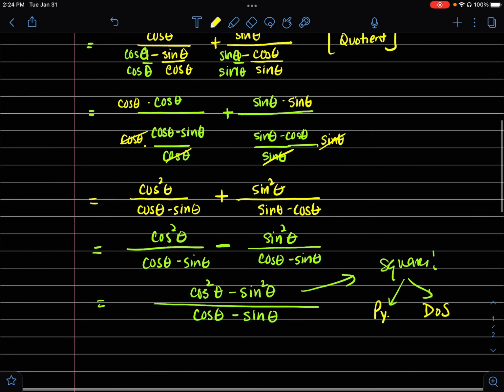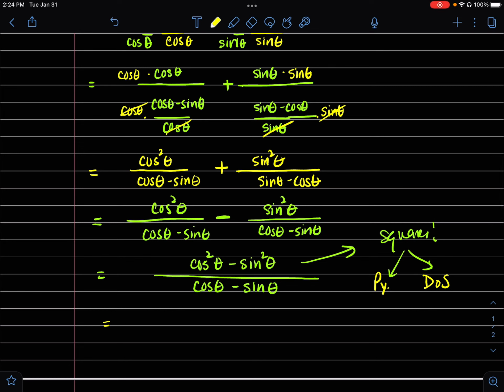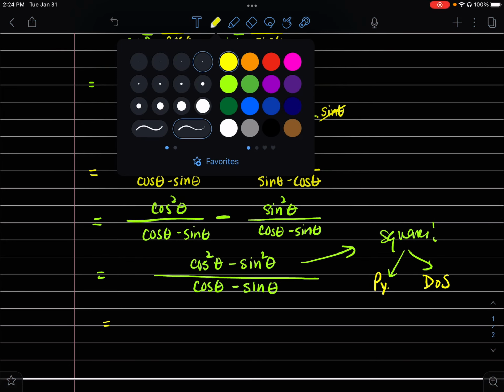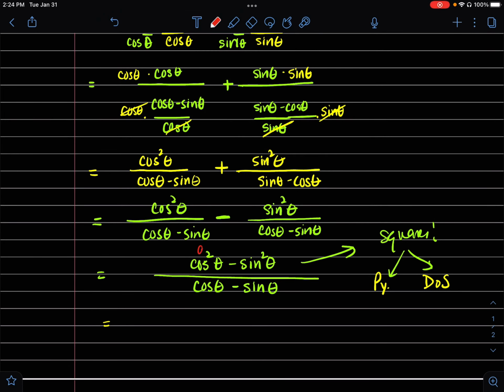If I try to use difference of squares, that's my a squared and that's my b squared, which technically converts to a plus b times a minus b.